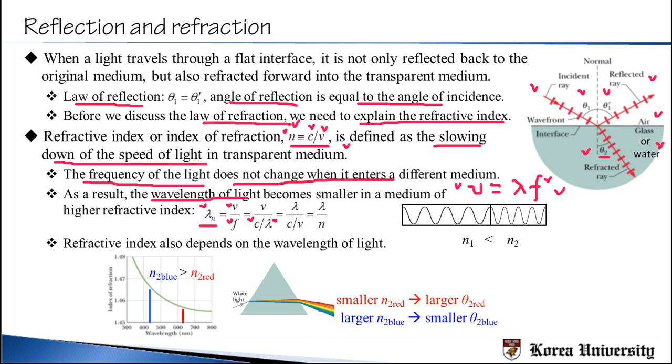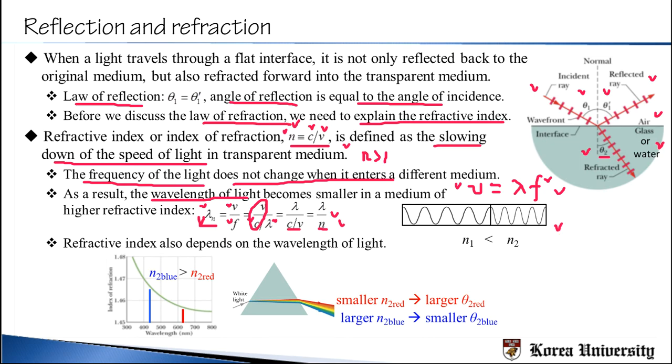Once you have written that, this part which we rewrite here corresponds to the index of refraction. So now we get the relationship that the wavelength of the light inside the medium of refractive index n is the wavelength of the light in vacuum divided by the refractive index, and this refractive index is typically larger than 1, right? So therefore the wavelength becomes smaller.